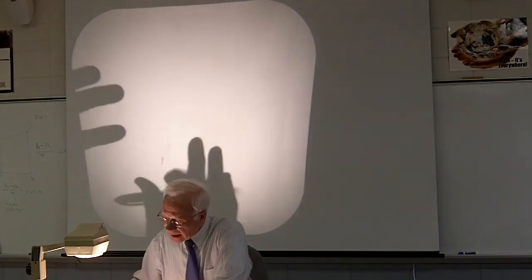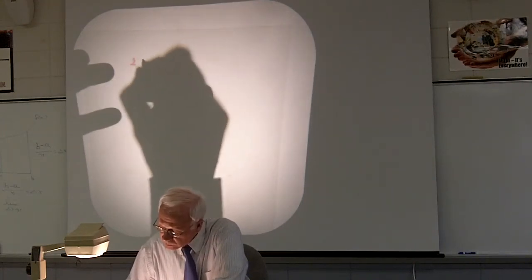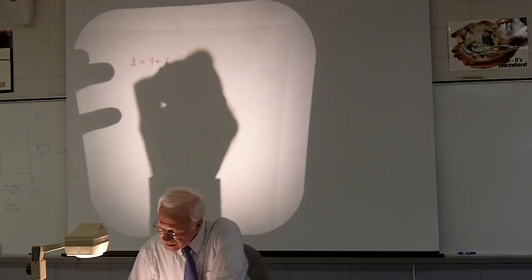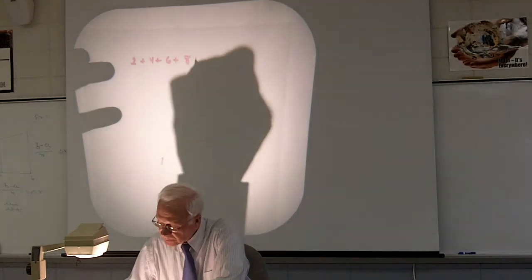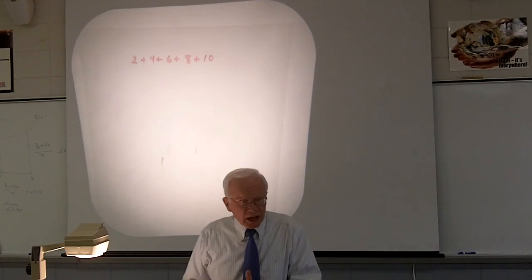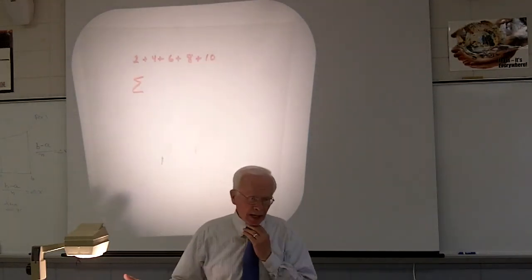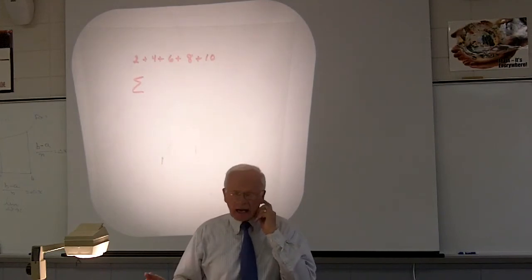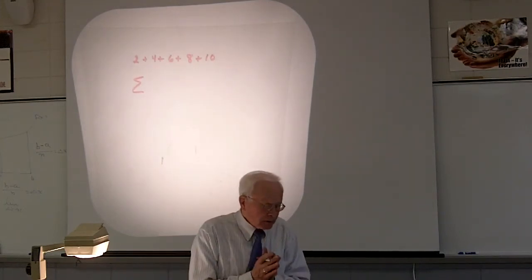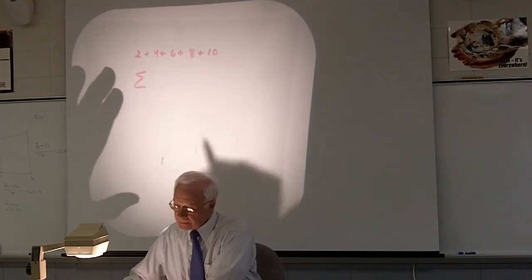I'm going to give you a sequence, which is 2 plus 4 plus 6 plus 8 plus 10. Okay, now, when you see this kind of stuff, we're going to put that in summation notation, but how many terms do I have? You see that I have 5, but sometimes it's not that easy to see.